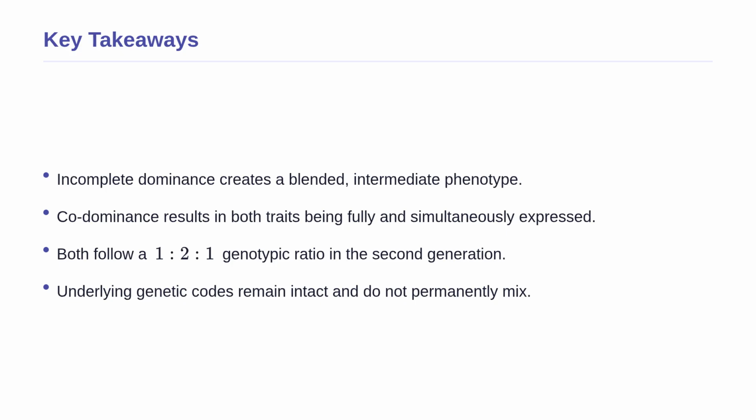Both original traits are fully and simultaneously expressed without any blending. Finally, despite their different physical results, both mechanisms follow the exact same 1:2:1 mathematical ratio in the second generation, proving that our underlying genetic code remains perfectly intact. You now have a solid understanding of these fundamental genetic principles.